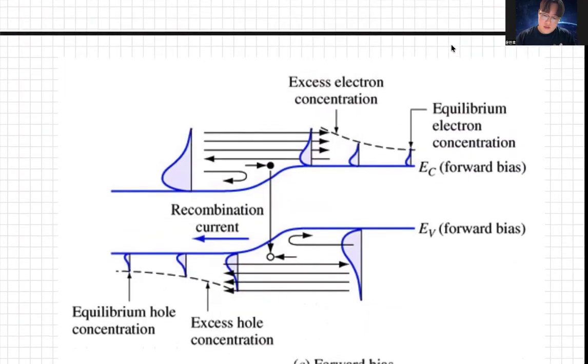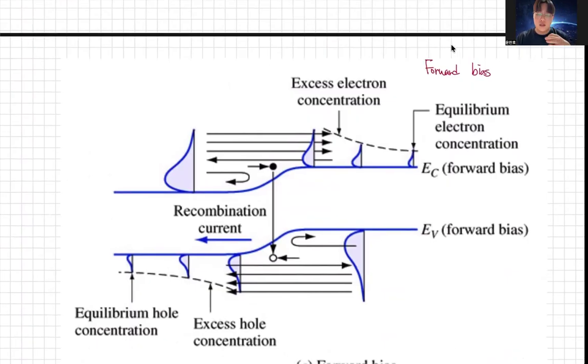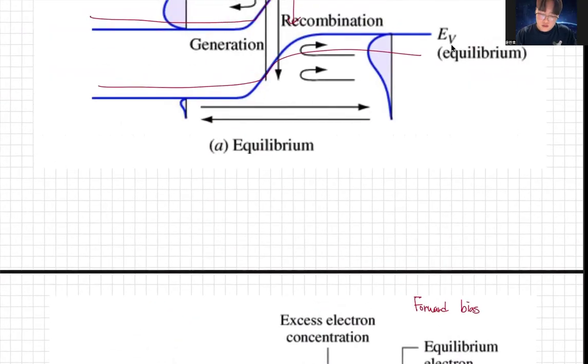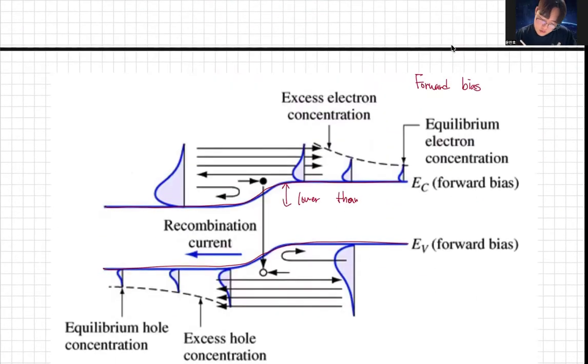Okay, this situation is for forward bias. As I already mentioned, the diagram looks like this. The junction potential is lower than the equilibrium situation, so the barrier is also lower.